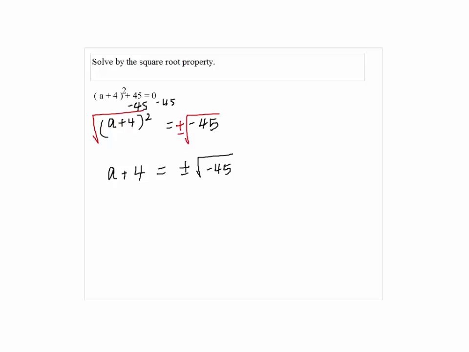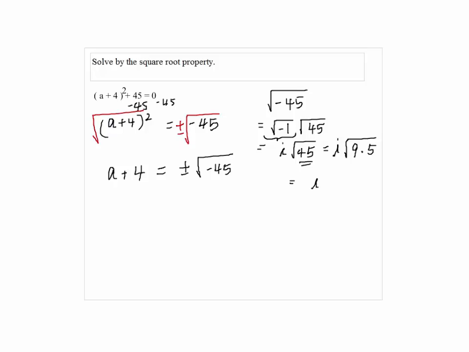of negative 45. Now the square root of negative 45 is given by the square root of negative 1 times the square root of 45, where the square root of negative 1 is i, which is an imaginary number, times the square root of 45. Now square root of 45 could be reduced, so that can be written as 9 times 5.